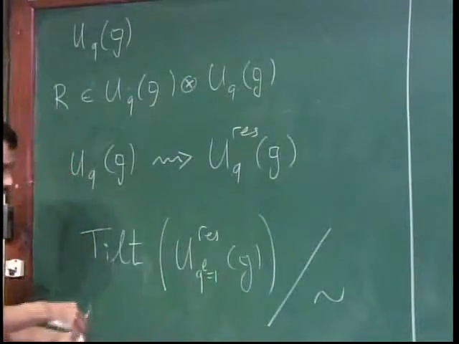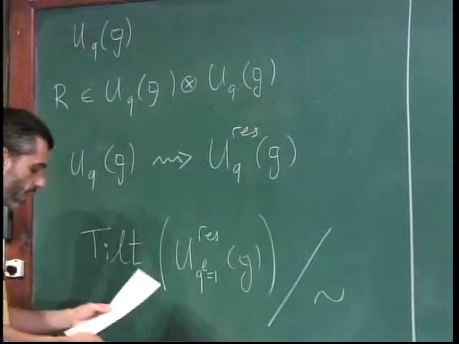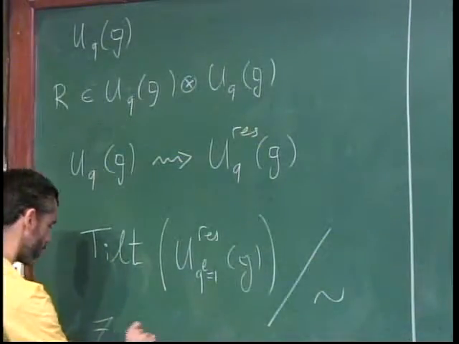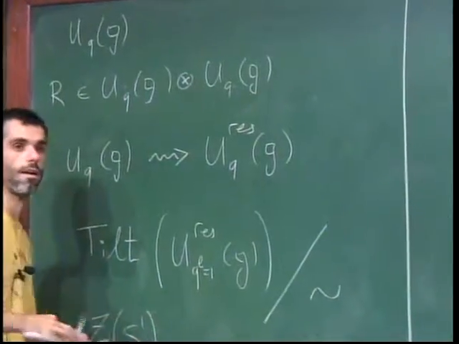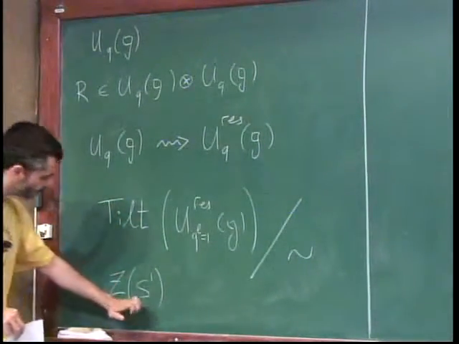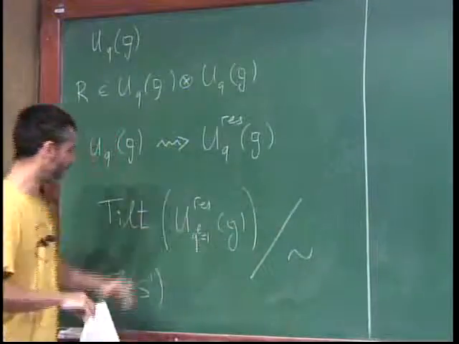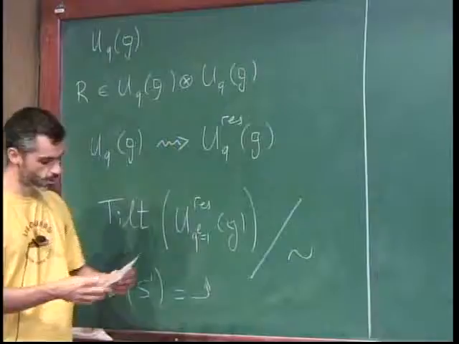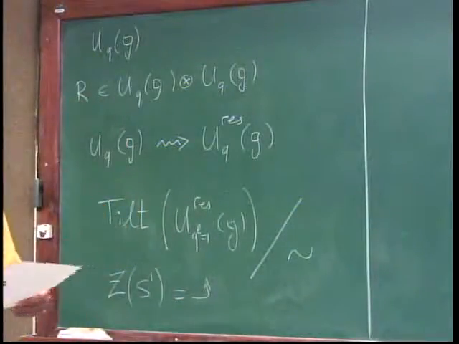So that is the category which in Chris's talk is denoted Z of S^1. So Z is the 1-2-3 TFT, and then the value on S^1 is that category. So that was a sort of overview of where we are.